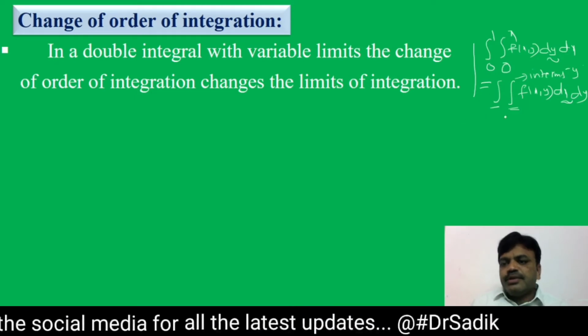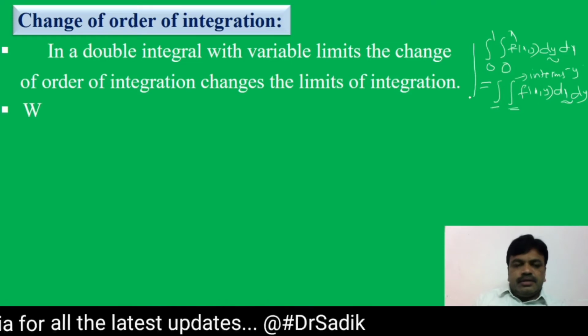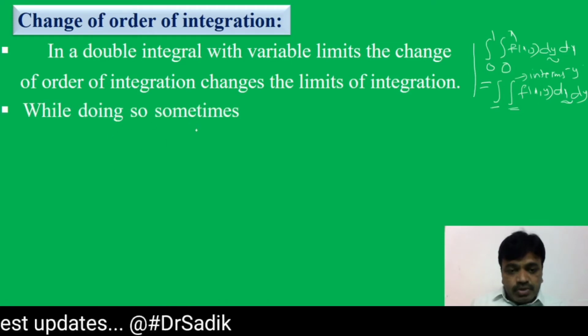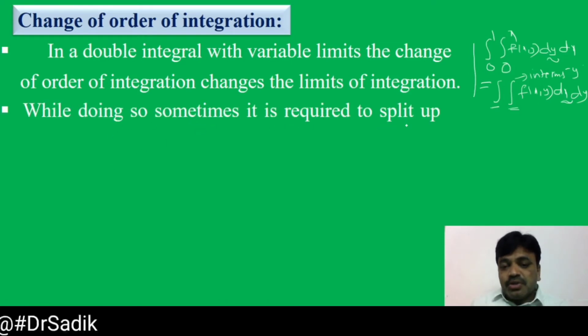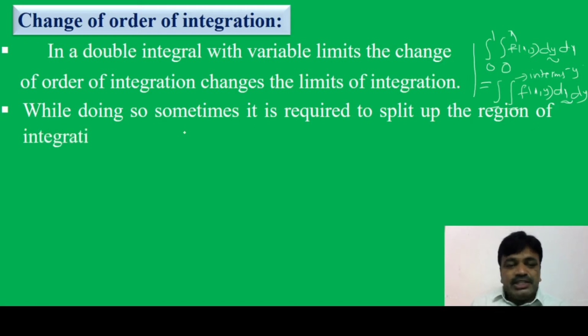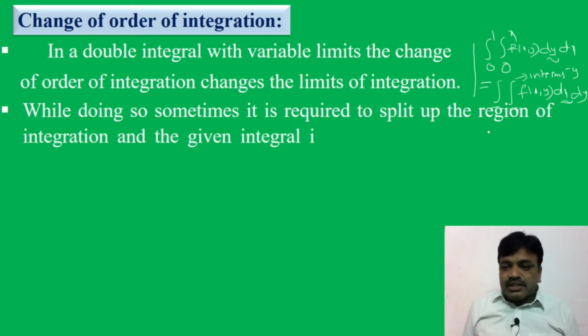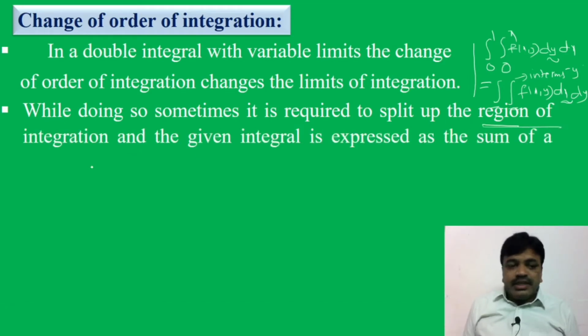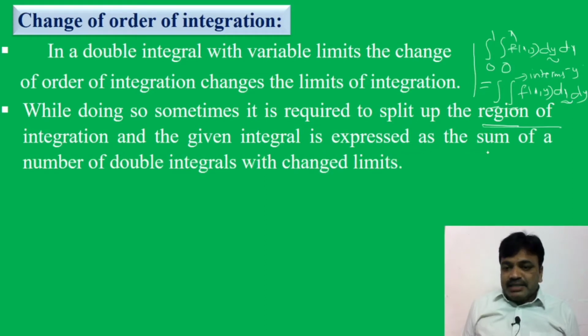While doing so, sometimes it is required to split up the region of integration, and given integral is expressed as the sum of number of double integrals with changed limits. First you draw a rough sketch to this one.